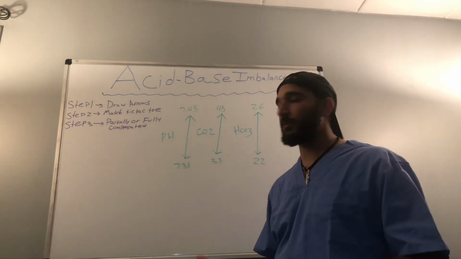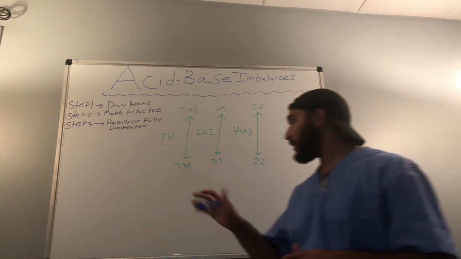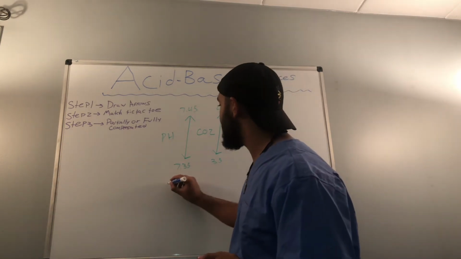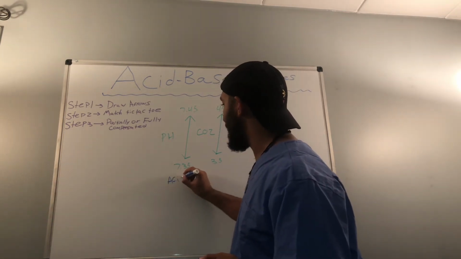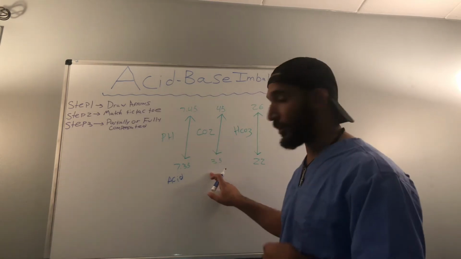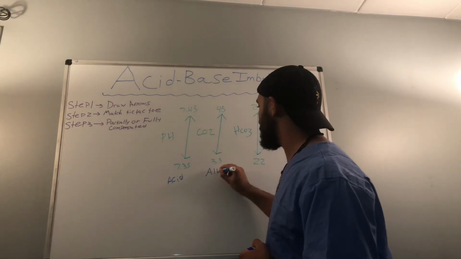So you're probably asking, okay, what now? Well, let me go ahead and show you. At 7.35, this patient is acidic. So we're going to write acid right here. CO2 of 35 and below is going to be alkalotic, ALK.